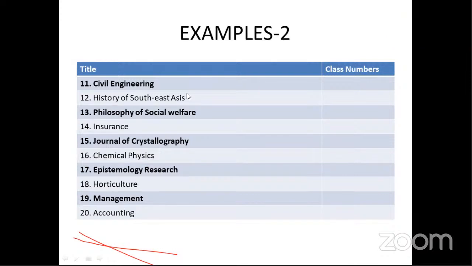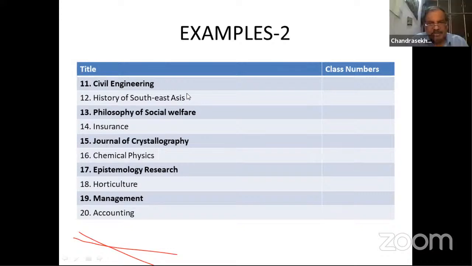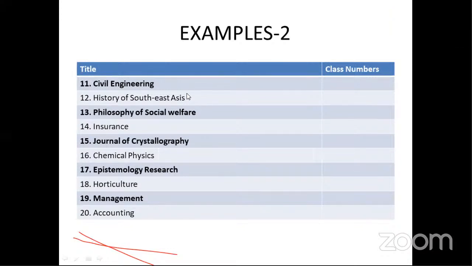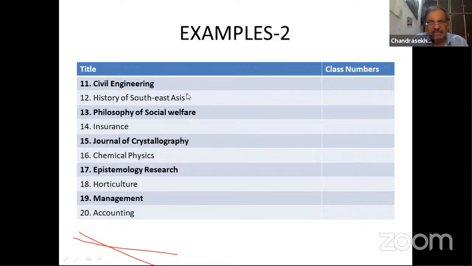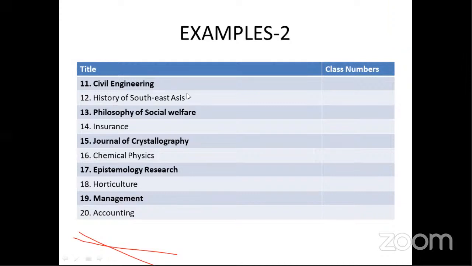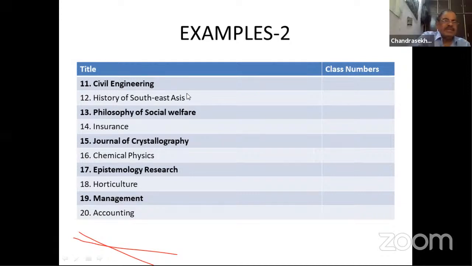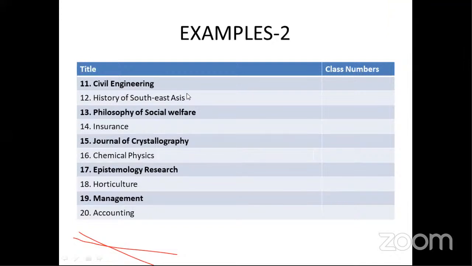Philosophy 01, not the main class. The main class is 100 philosophy. You have to take it from standard subdivisions, table 1. So 361.0.